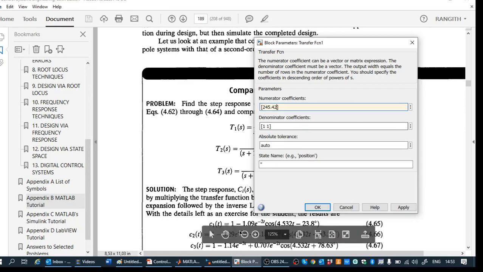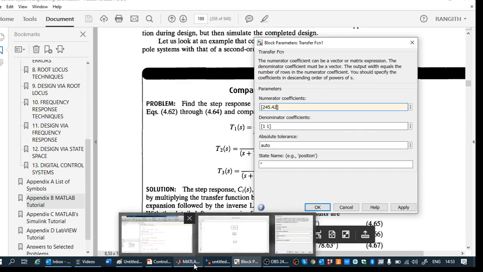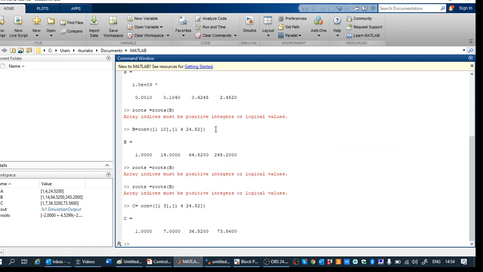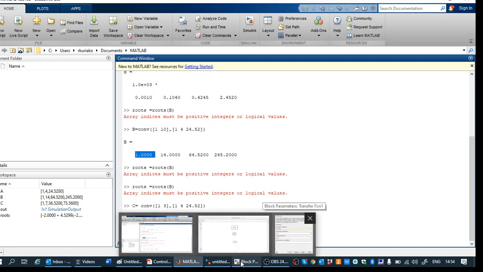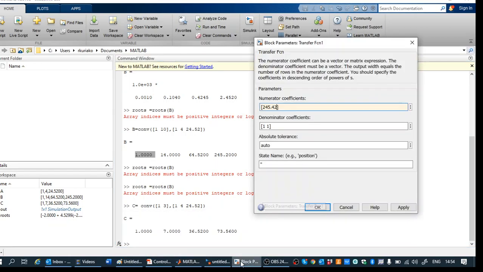And on the denominator, what I did was I used MATLAB and multiplied the coefficients in using the conv function. The coefficients are s cubed plus 14s squared plus 64.52s plus 245.2. This is something you can do on your calculator as well. So the coefficients are 1, 14, 64.52 and 245.20.